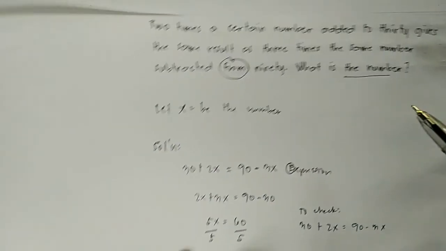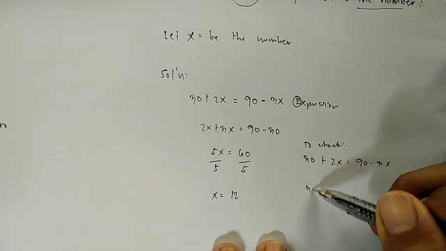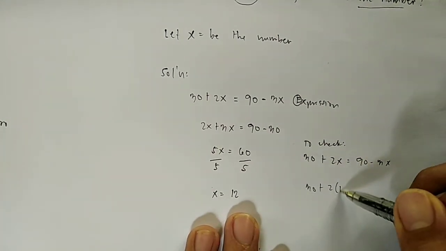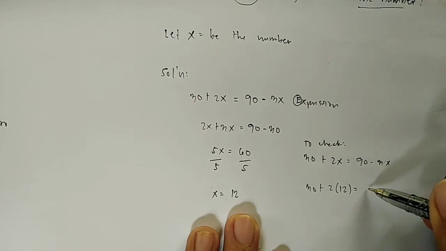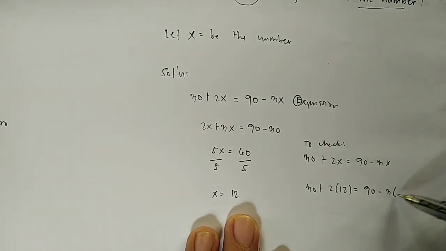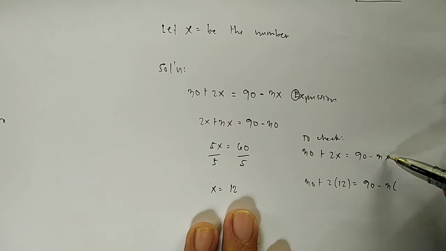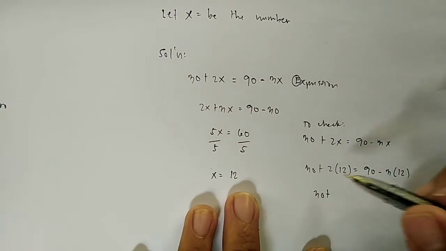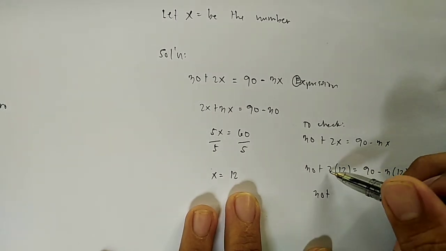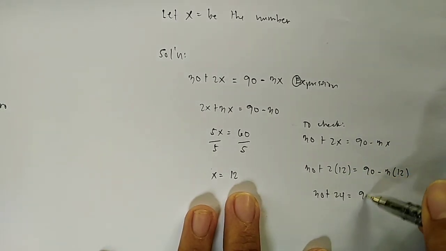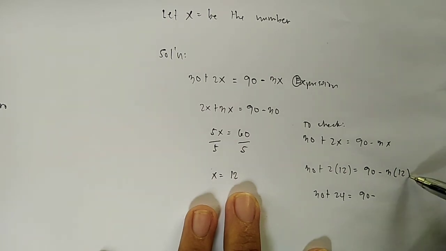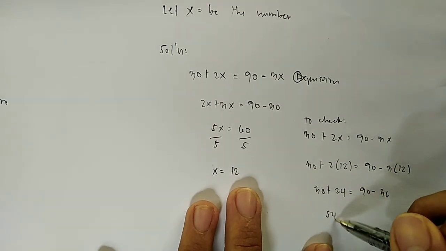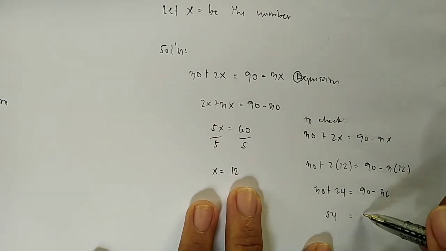So we have 30 plus 2 times x, with x substituted with 12, equals 90 minus 3 times 12. So 30 plus 2 times 12, which is 24, equals 90 minus 3 times 12, which is 36. So 30 plus 24 is 54, equals 90 minus 36, that is still 54.